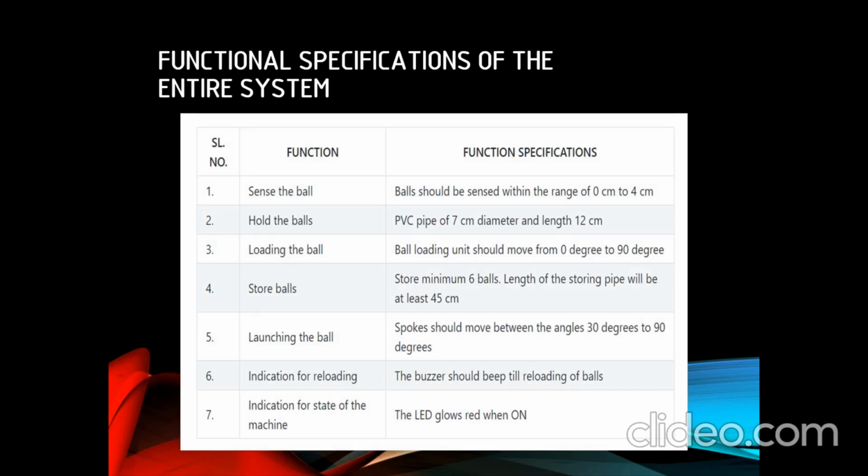As the diameter of the ball is 7 cm and we are storing 6 balls, the length of the PVC pipe must be 45 cm at least. Launching the ball. Spokes should move between the angle 30 to 90 degrees. Indication for reloading. The buzzer should beep until the balls are reloaded. Indication for state of the machine. The LED glows red when the machine is on.